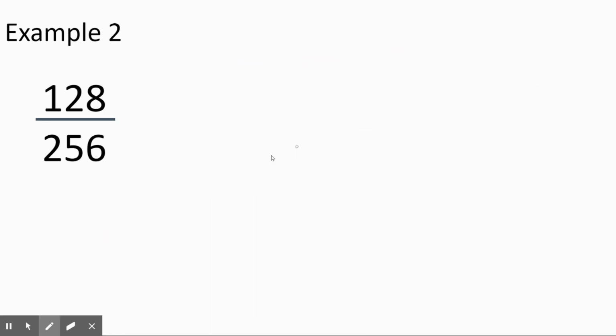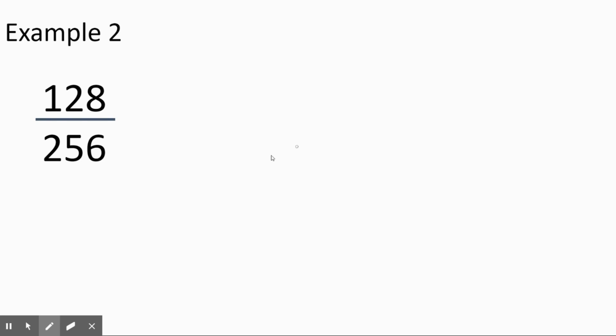So what happens if you have two really big numbers in your fraction? I personally don't know, for example, in this example, all of the factors for 128 and 256, and I suspect it's going to take an awfully long time to actually find them all. So instead, you can use smaller numbers that you can use more easily.